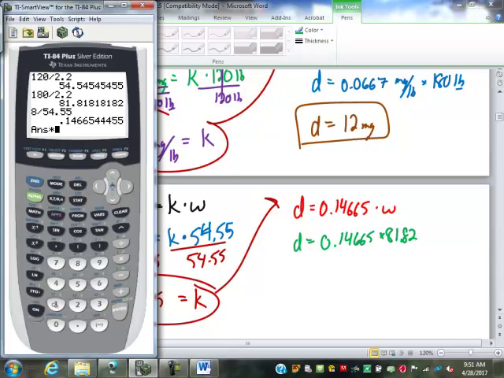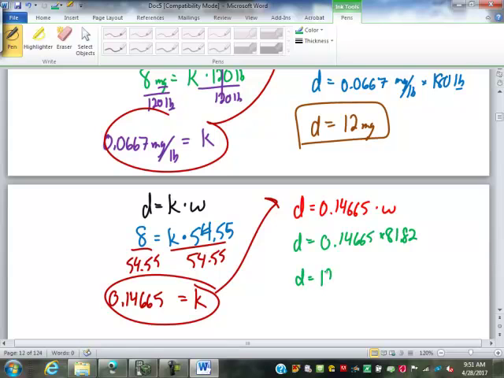So times 81.82, we had 11.999. So our dosage is still 12 milligrams. So as you can see, it doesn't matter whether we convert those weights from pounds into kilograms or if we just leave them as pounds. The direct relationship, the proportionality, will give us the same result.